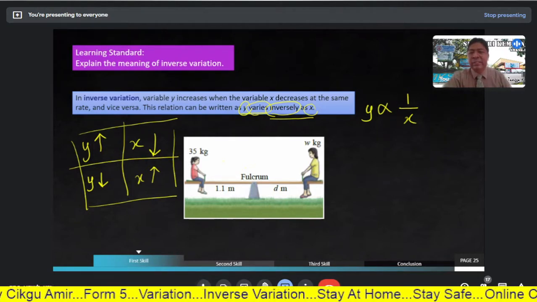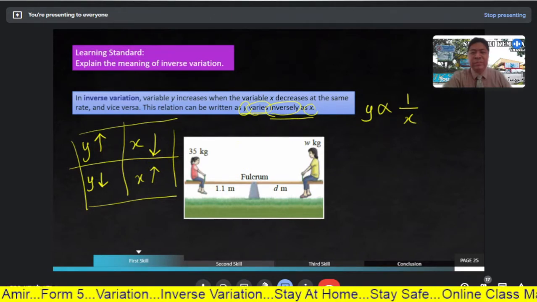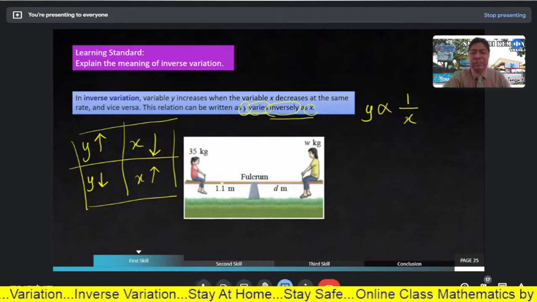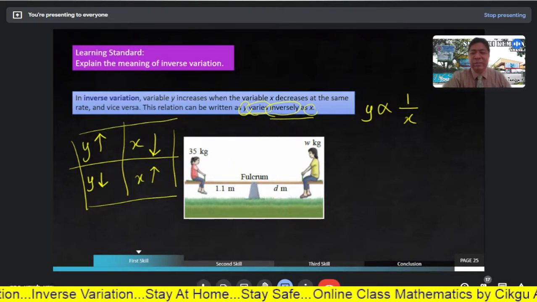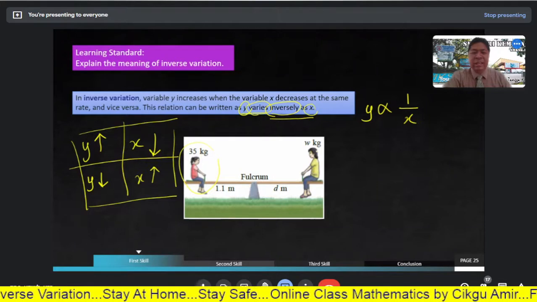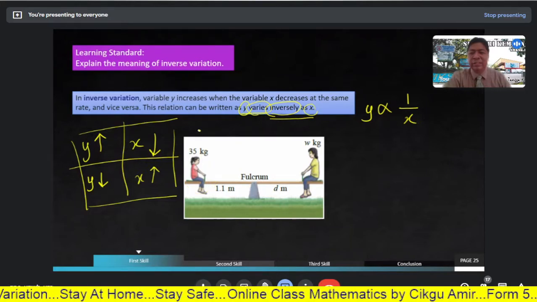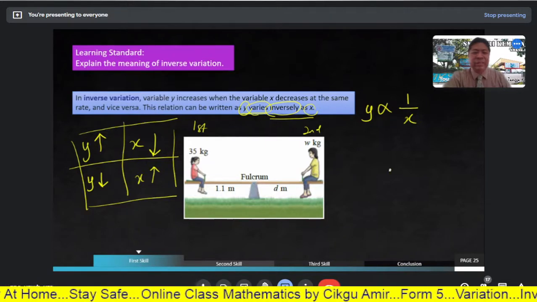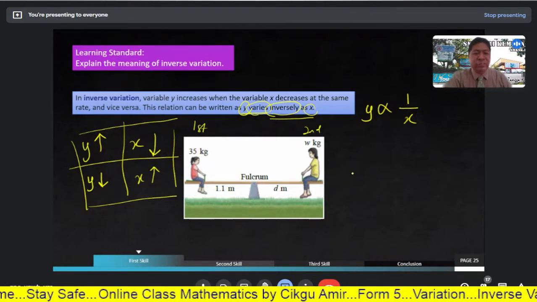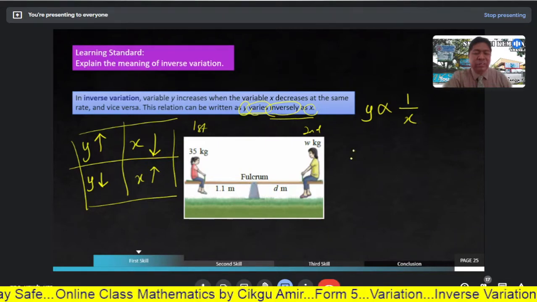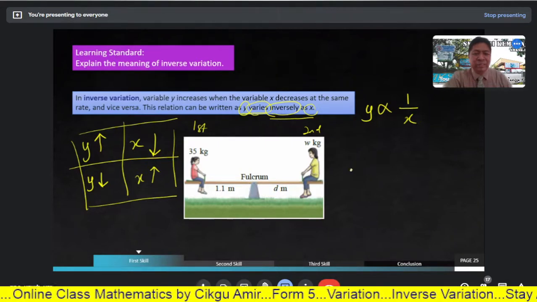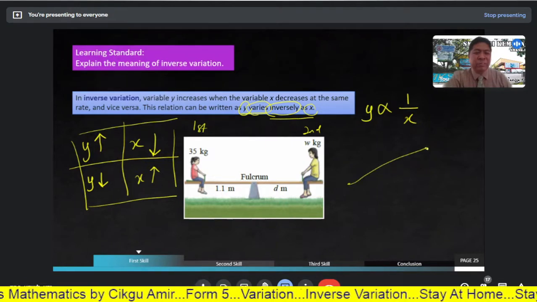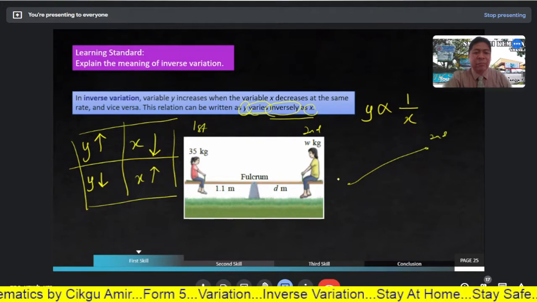The relation of the inverse variation can be shown in a seesaw. You have the first person and the second person. If the first person is low, going down, then the second person will be up.